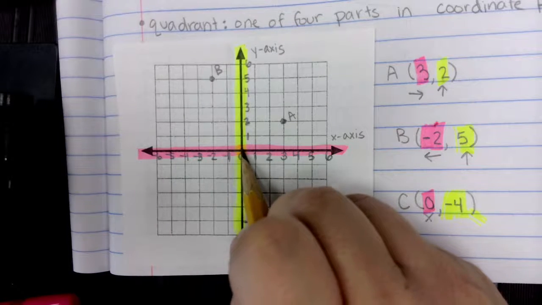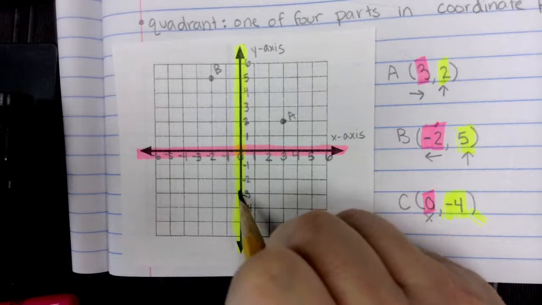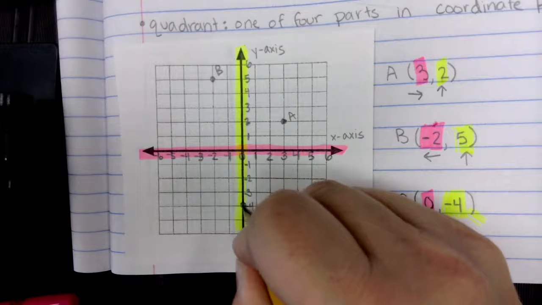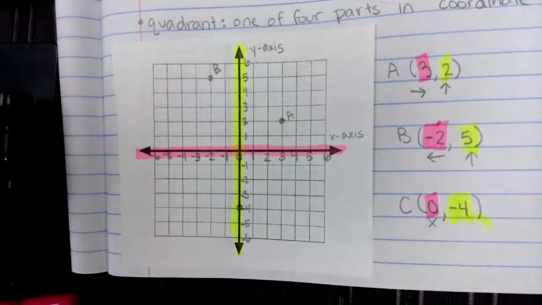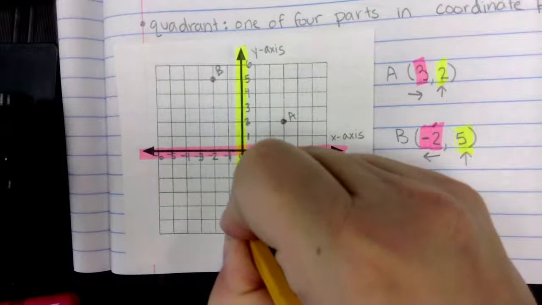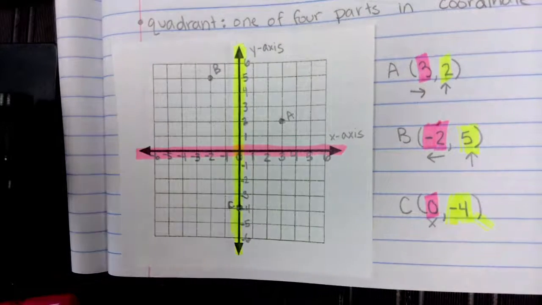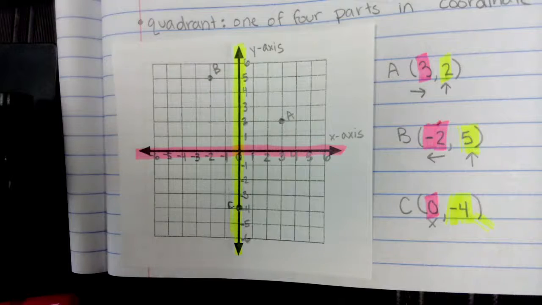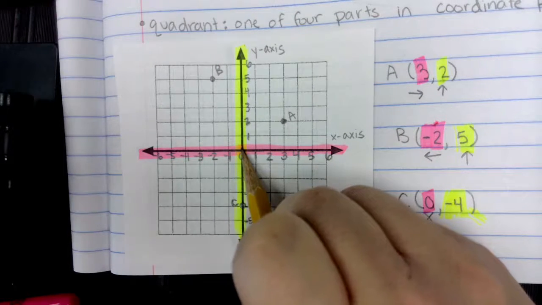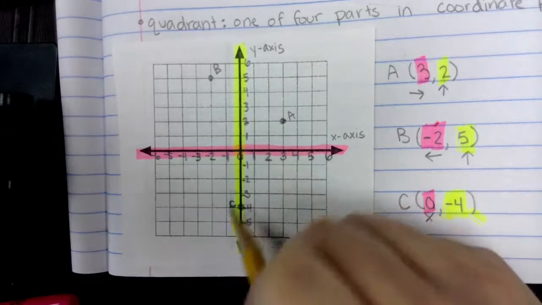I'm on that y-axis. 1, 2, 3, 4. So it's on the y-axis. And that is point C. Okay, so that 0 told me don't move left or right at all. Stay put. Just go down 4.